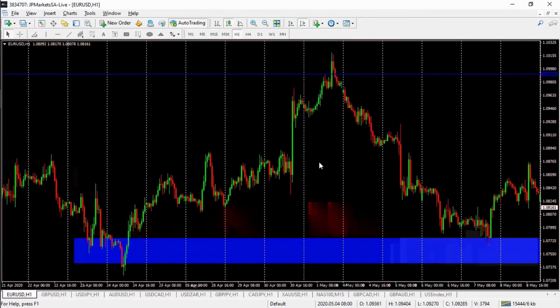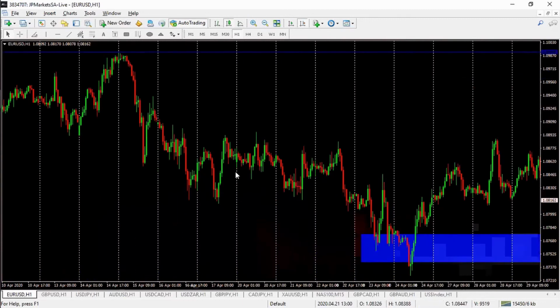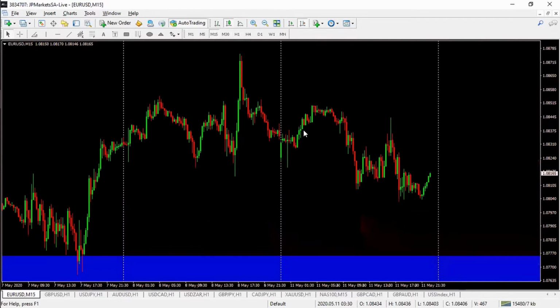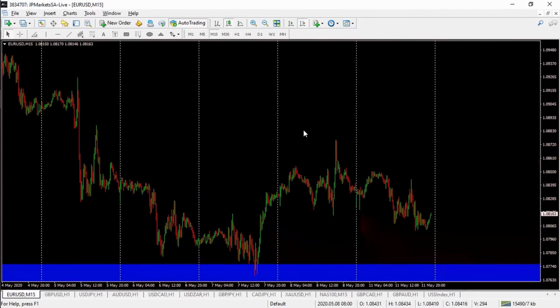I usually don't go to a smaller time frame, but I'll go to a 15 minutes time frame just for confirmation and for some of the traders or some of the subscribers who are into small time frames.